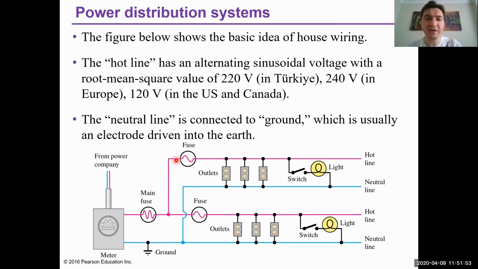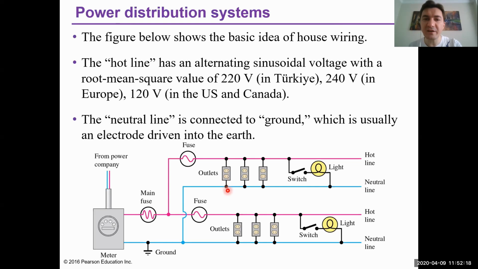So what we have here, we have alternating current, okay? And we have outlets. I will talk about what an outlet is. And we have switches and lights, okay? So this red one is the hot line. You can also consider it the phase. And this blue line is the neutral line, okay?